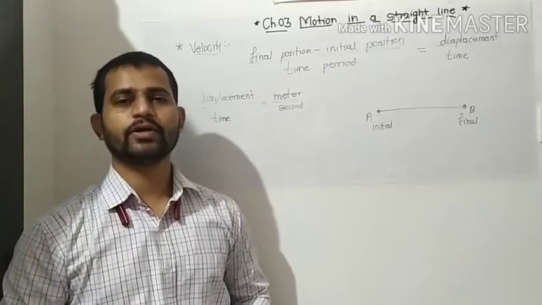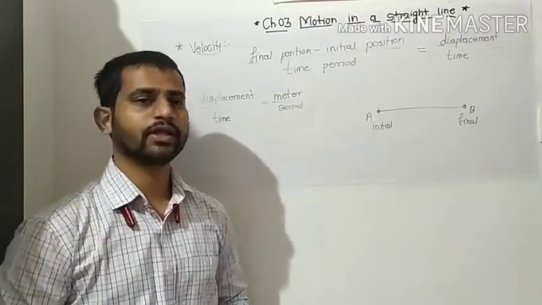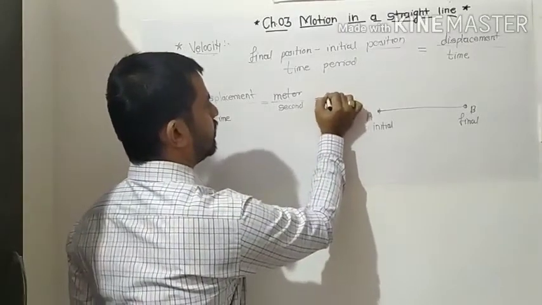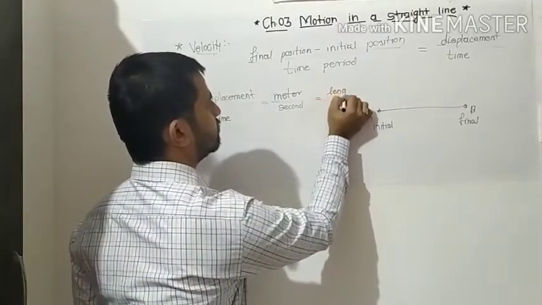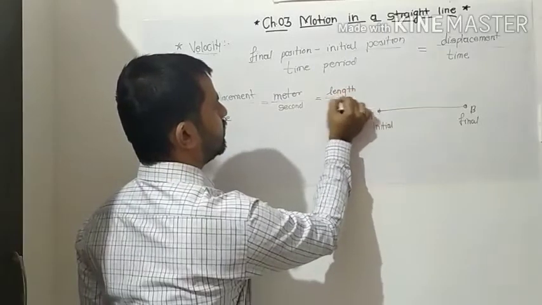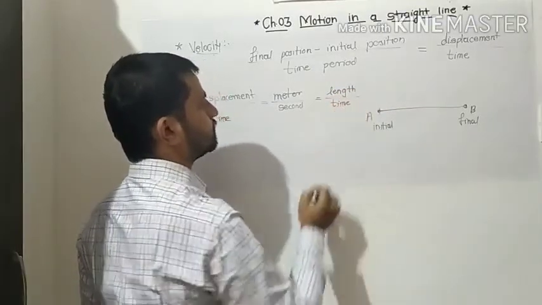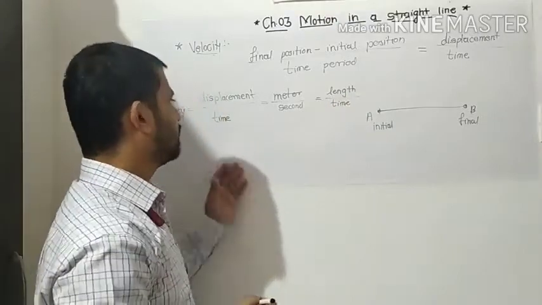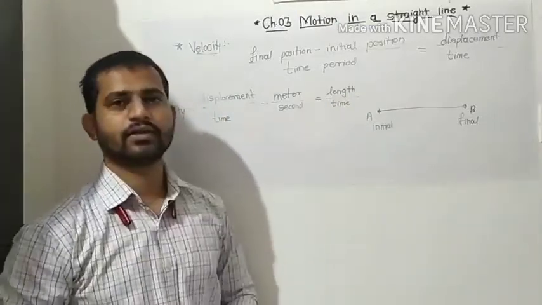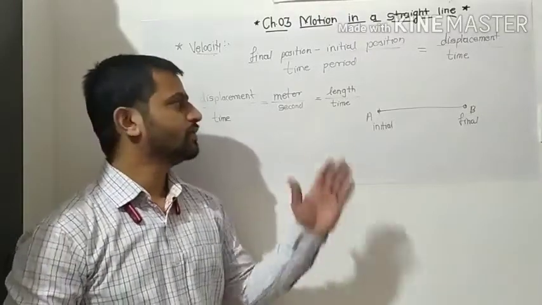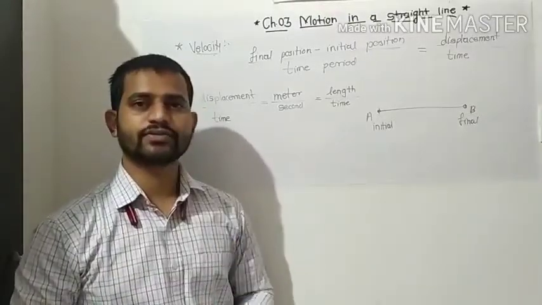Now if we think about its dimensional formula, what is the dimension for the meter? It is the length, and the second is the time. So the dimension is the length upon the time.